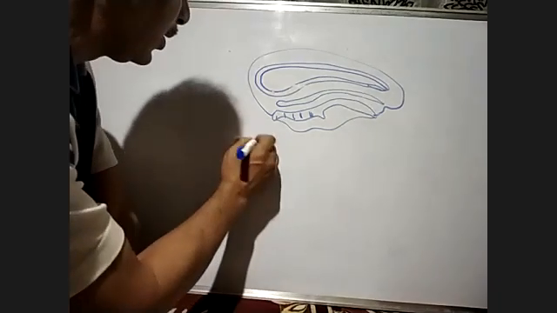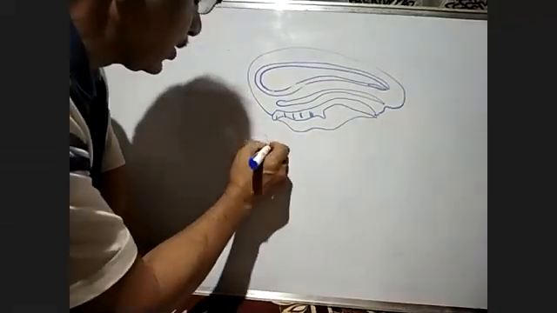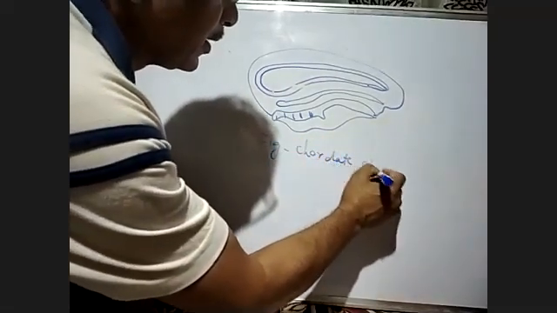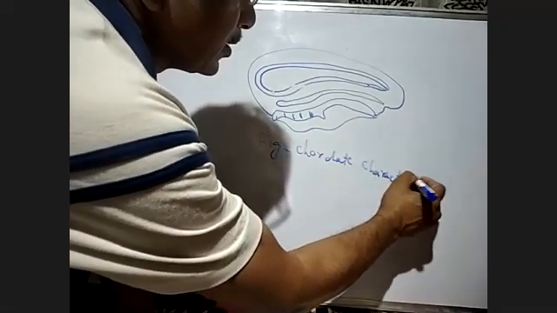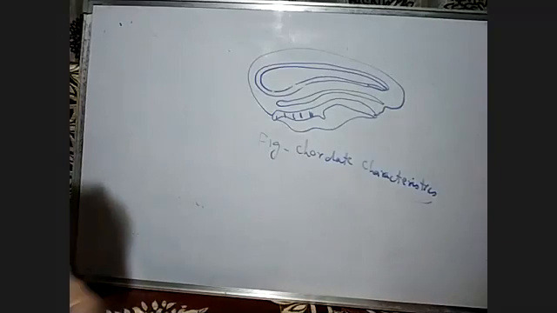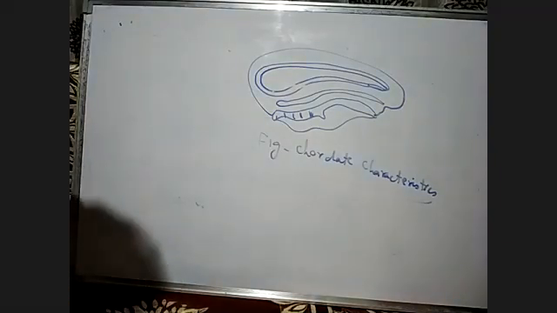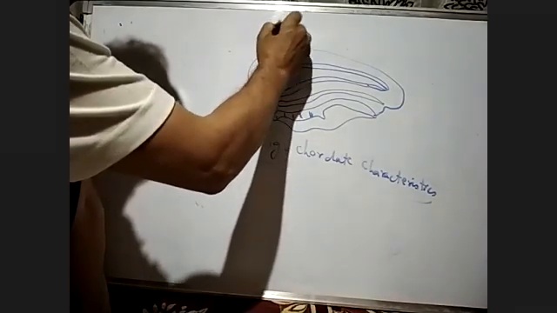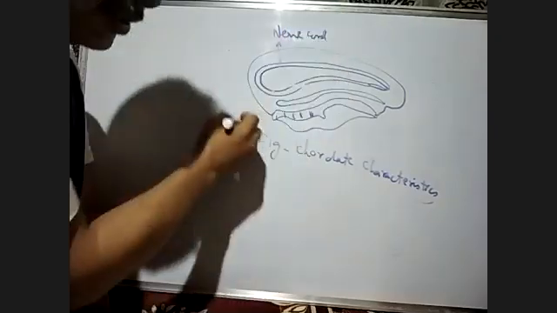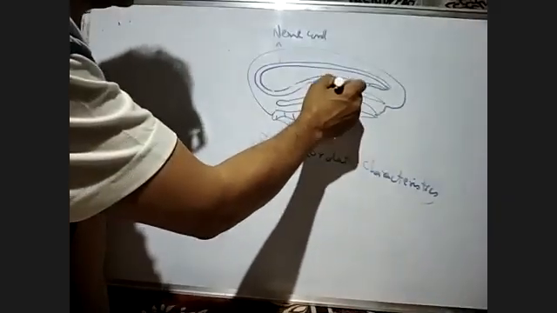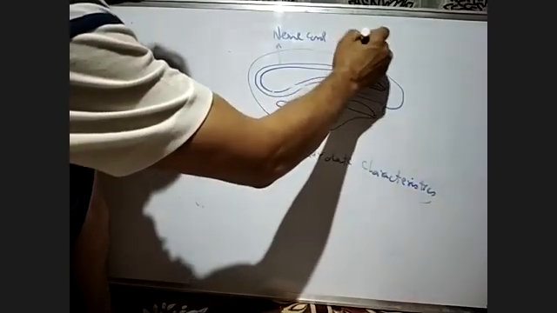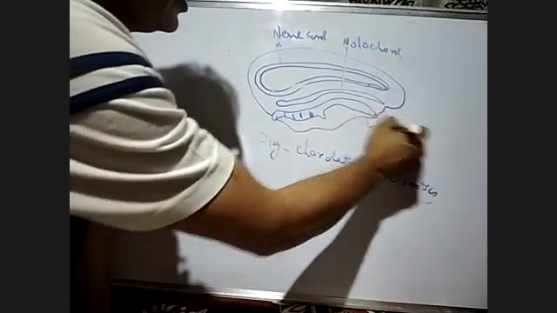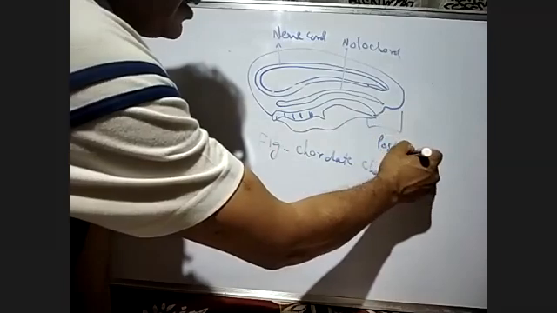The chordate has the nerve cord. It also has the notochord, this structure is called the notochord, and it has the post-anal tail.